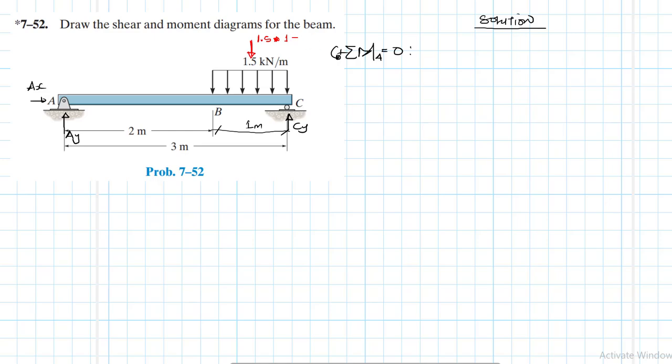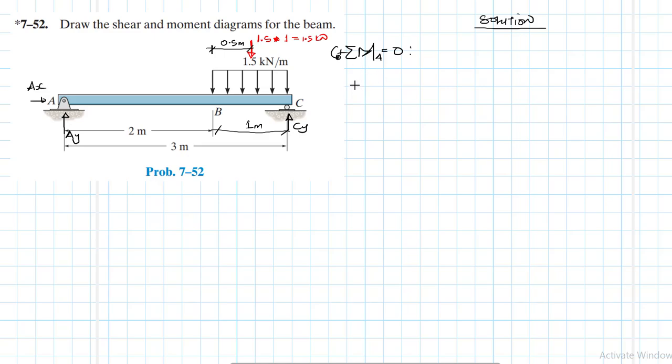So this gives us 1.5 kilonewtons, acting at half the length of this loading, which is 0.5 meters.